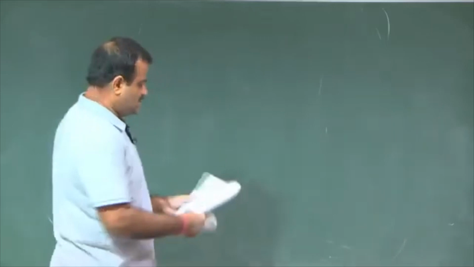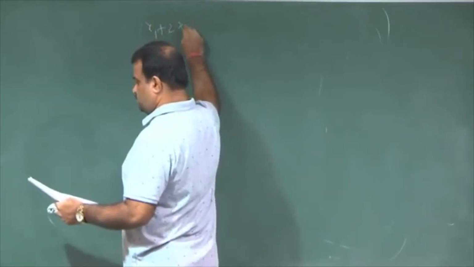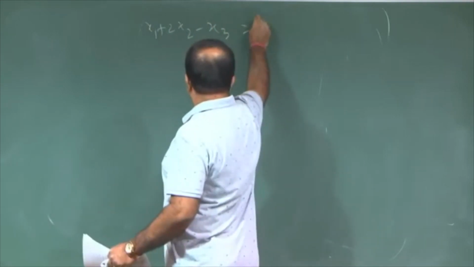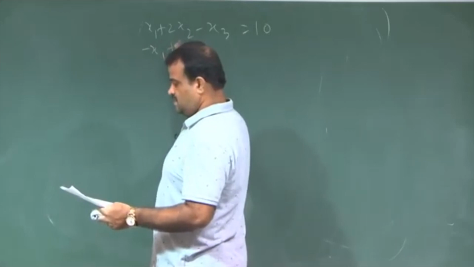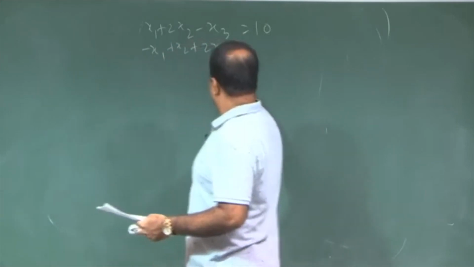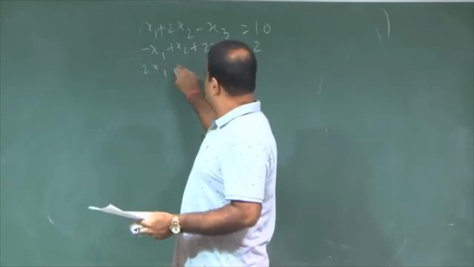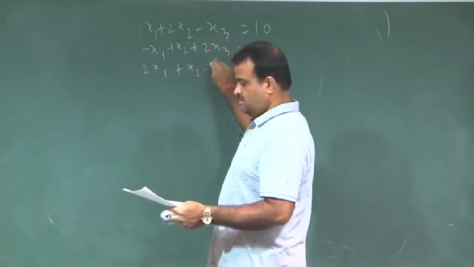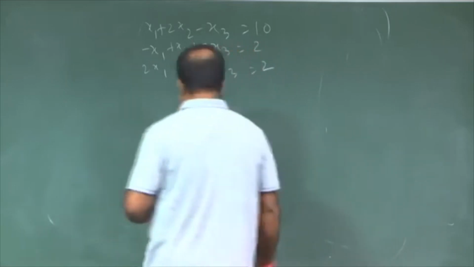Okay, just a quick example: x1 plus 2x2 minus x3 equal to 10, minus x1 plus x2 plus 2x3 equal to 2, 2x1 plus x2 minus 3x3 equal to 2.